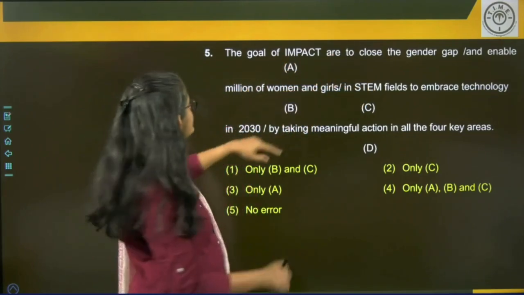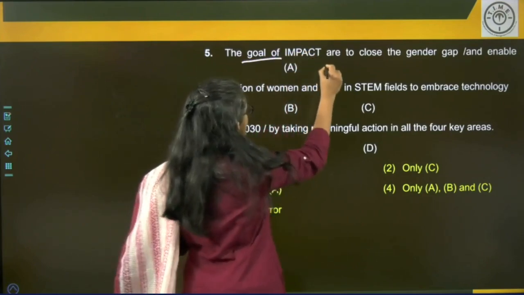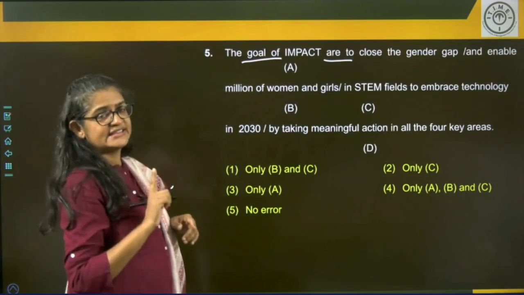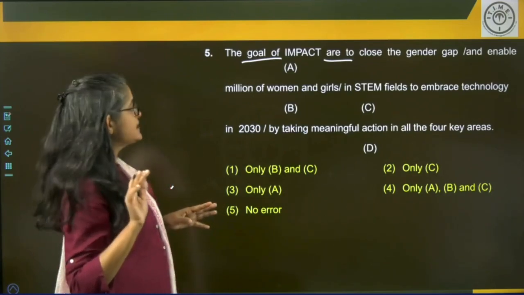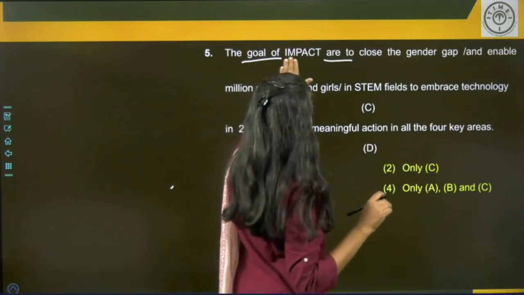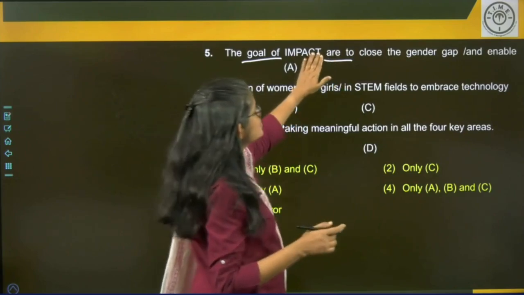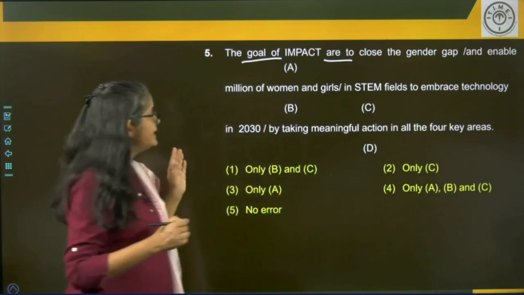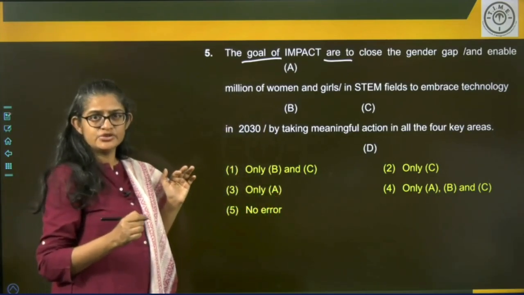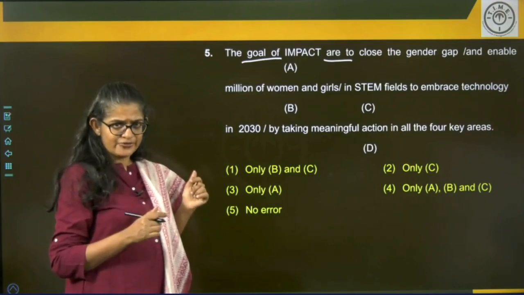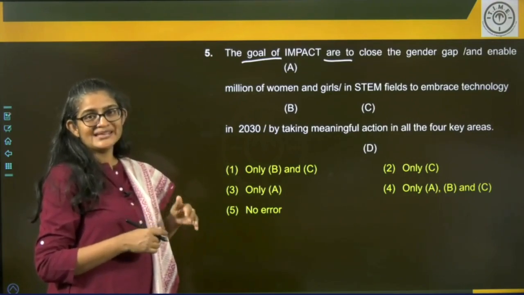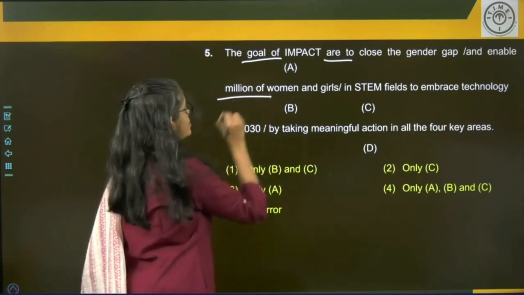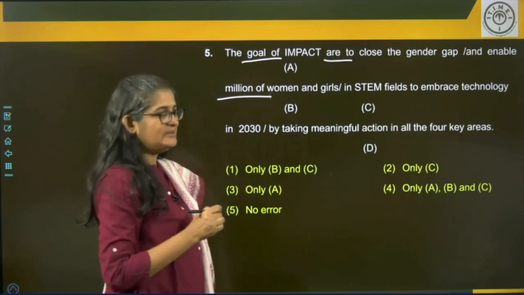What is the error here? The goal is the subject, so we need the goal is. Again, subject verb agreement error. The goal of impact is to close the gender gap and enable million of women and girls. Is that the right usage? Hundreds of, thousands of, do we say that? No, it is always hundreds of, thousands of, millions of, not million of. Got it?